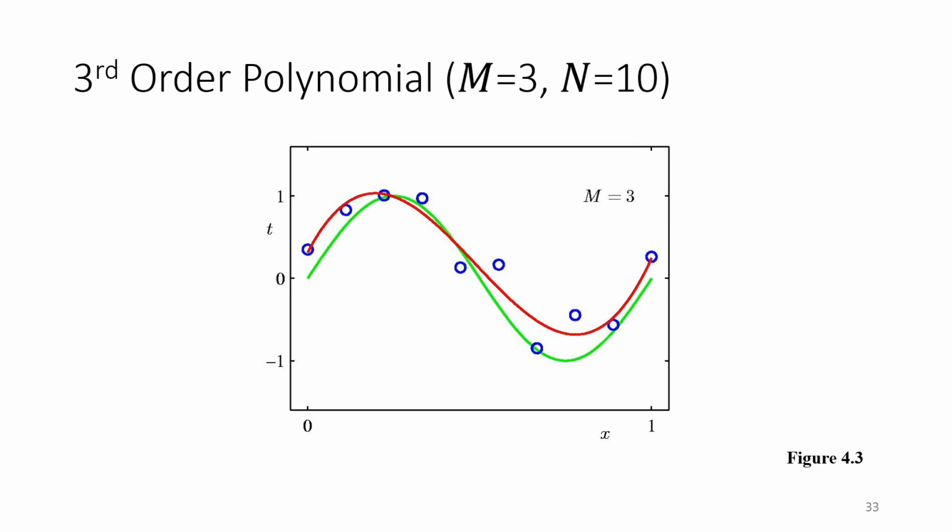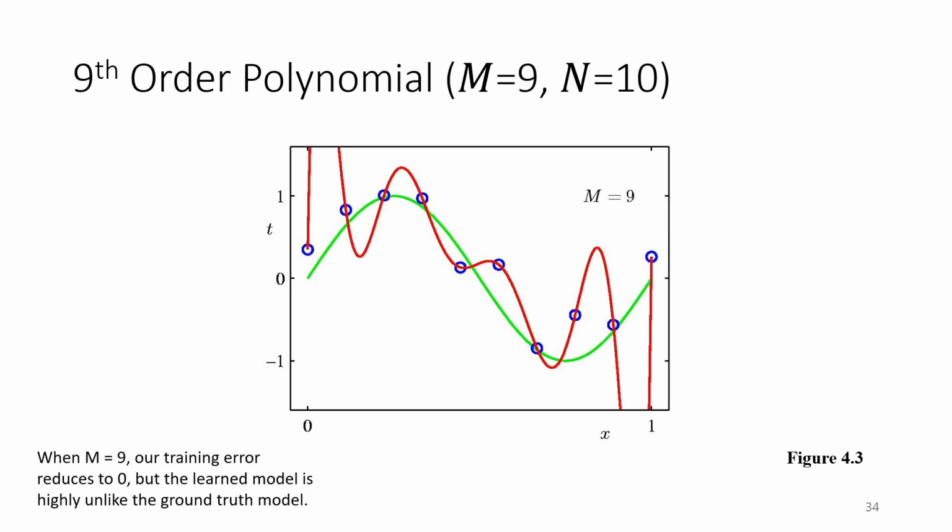Okay, so this will be the third order polynomial, and this is the result of the ninth order polynomial. When you see this figure, you will see something is wrong. What does it mean? The red curve looks very unlike the original ground truth model, the sine function.